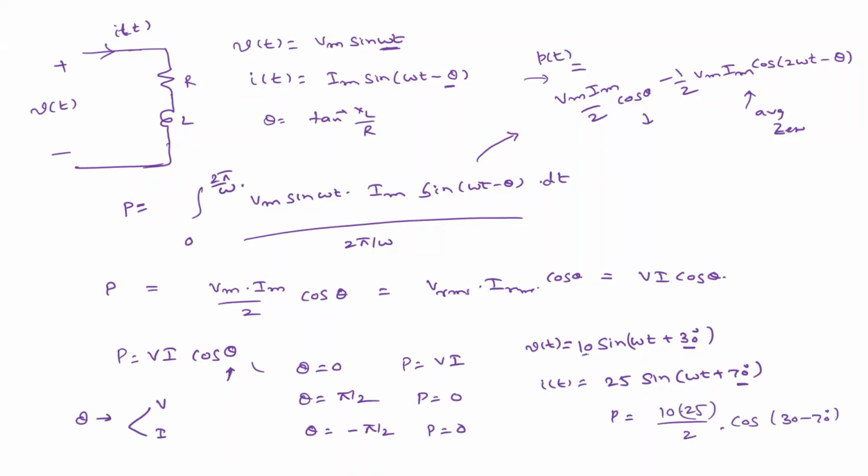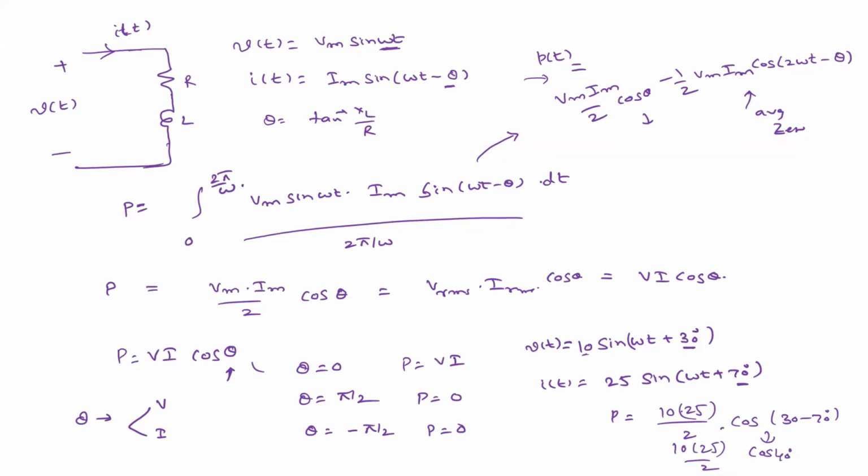So that is cos minus 40, or cos 40, both are same. Cos theta equal to cos minus theta, both are same, right? So that means it is cos 40. So 10 into 25 by 2 into cos 40. So that is the active power P. Understood?